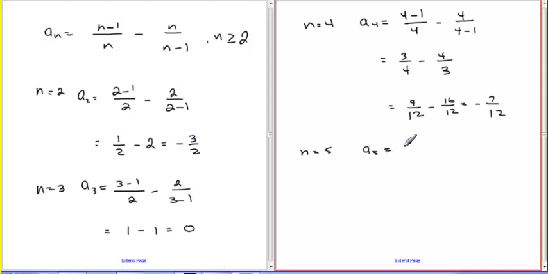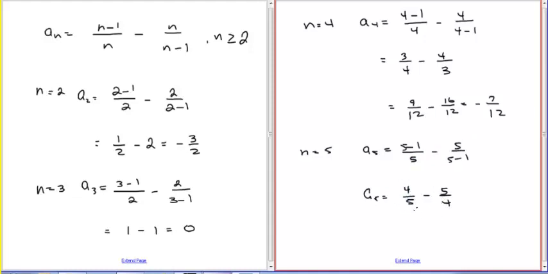So we get (5 minus 1)/5 minus 5/(5 minus 1). So we get 4/5 minus 5/4. So we start to see a kind of a pattern here.